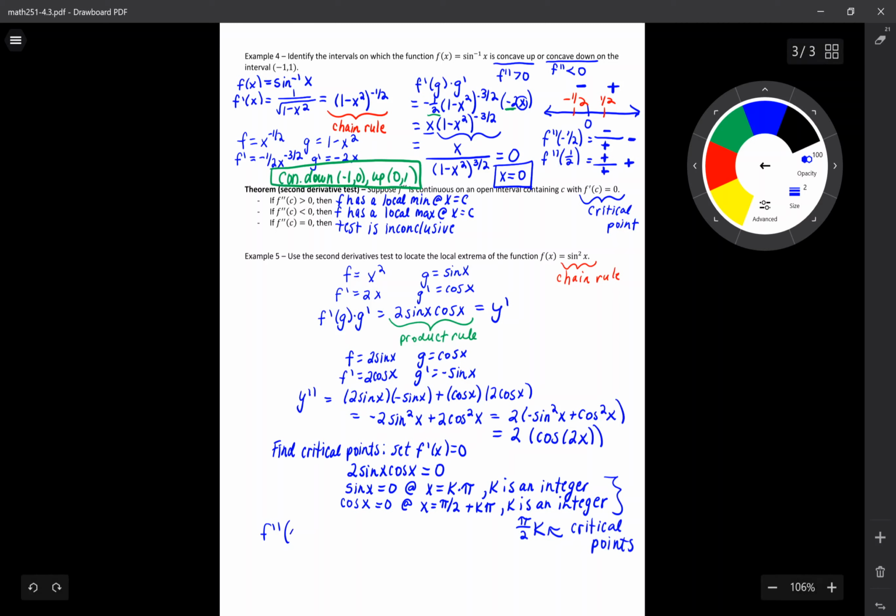So f double prime of 0 is equal to 2 cosine of 2 times 0, or just 2 cosine of 0, and this is 2, which is positive. So that means at 0, I have a local min.